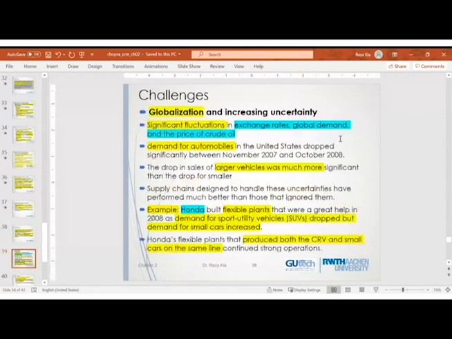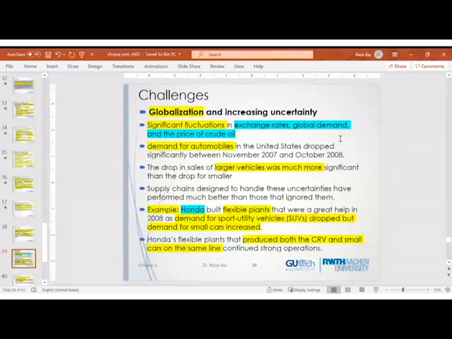The other challenge that I believe most of you have heard about is globalization. This globalization is bringing a huge amount of fluctuations in exchange rates, in global demand, in the price of crude oil or whatever.